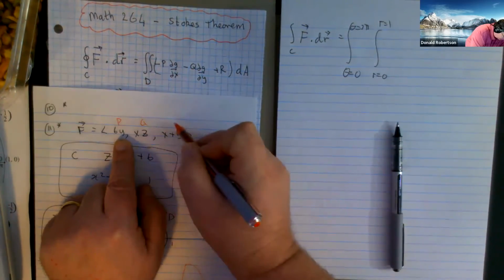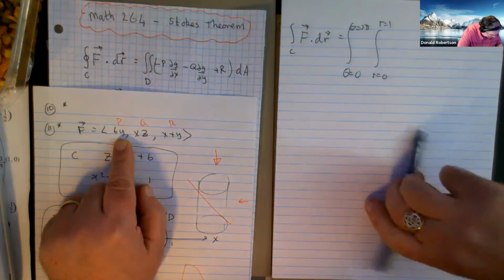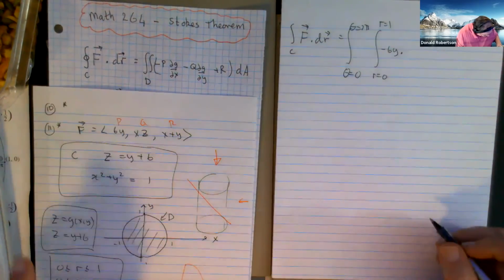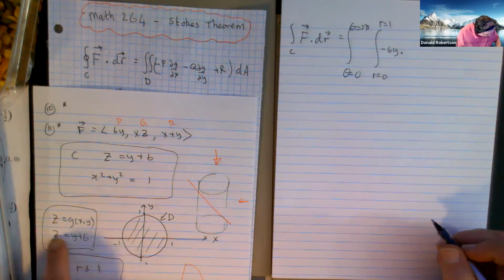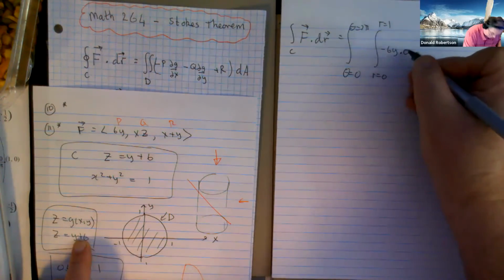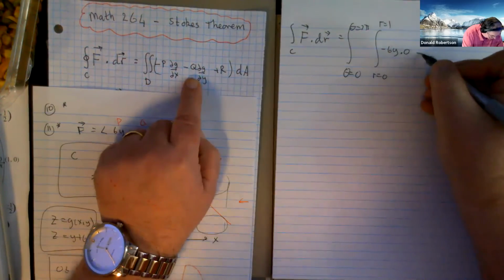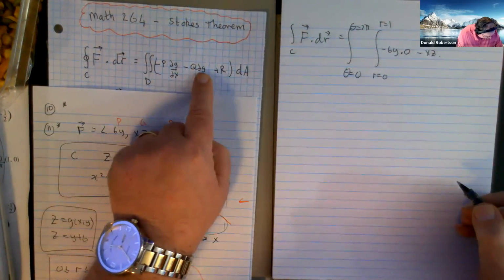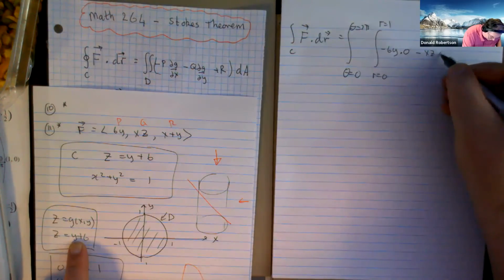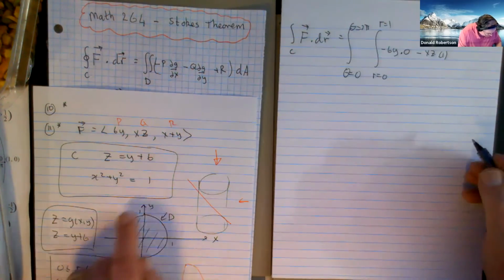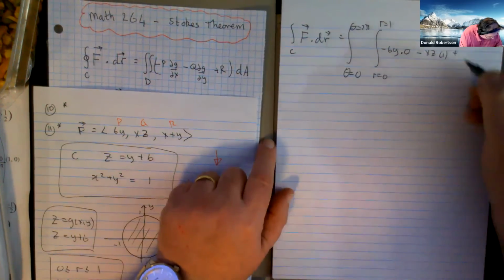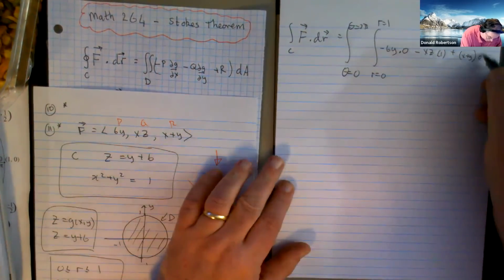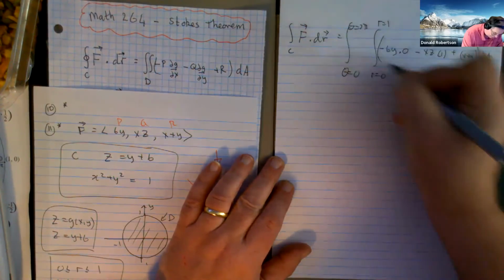That's P, that's Q, and that's R. So it's going to be negative 6y times the derivative of this guy with respect to x, which is 0. Take away Q, which is xz, times the derivative with respect to y, which in this case is 1, plus R. In this case, R is x plus y, and I'll just call it dA right now, although I know it is going to be dr.